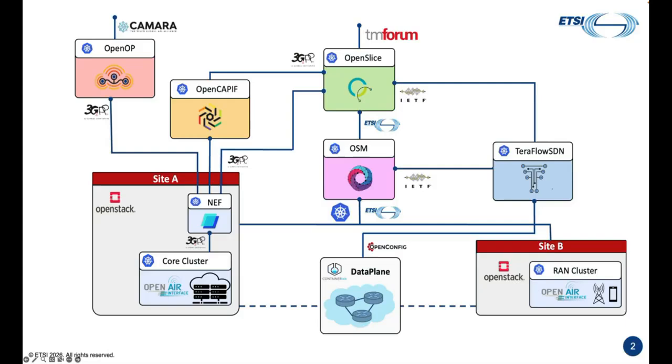In this case, sites based on the OpenStack VIM and the different Kubernetes clusters that we are able to create or register, if the clusters already exist, in OSM to be used by the different applications to deploy. In this case, the RAN application is based on OpenAirInterface, and the core application is based on OpenAirInterface as well.